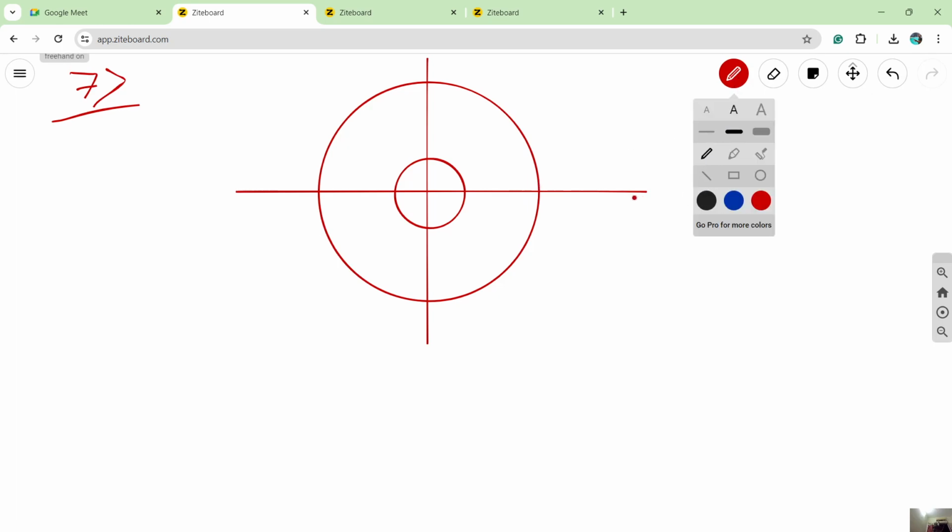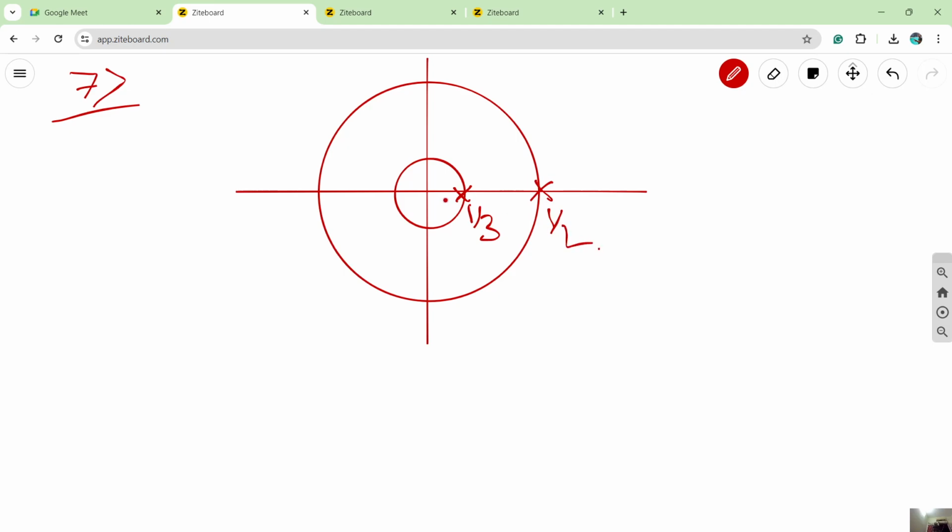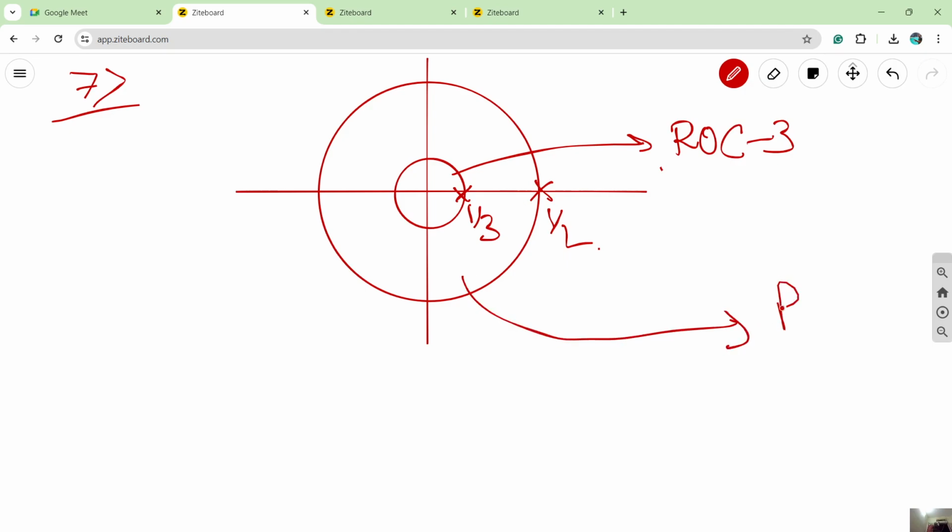This is 1 by 3, this is 1 by 2, this is ROC 3, this is ROC 2, and the most outer one is ROC 1.